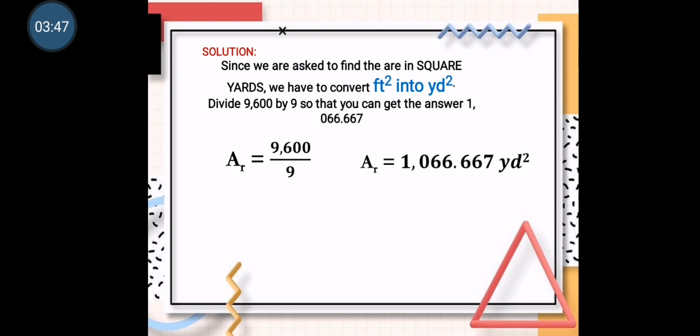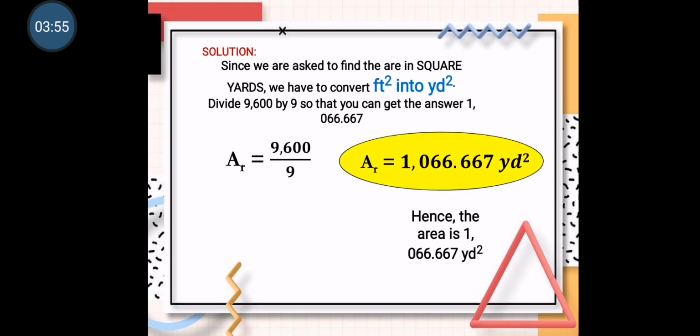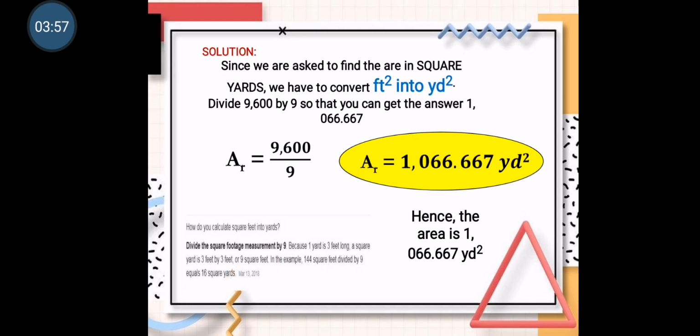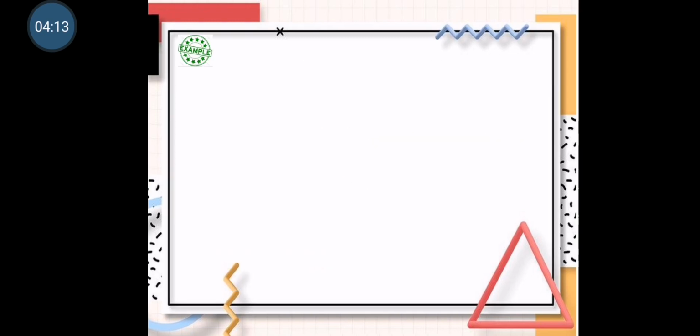So, it will be 1,066.667 square yards. Ayan. So, yun po yung conversion ng yards in feet. So, in 1 yard, there is 3 feet or 36 inches. Since square, didodoblehin lang natin yung 3 feet. Kaya naging 9. 3 times 3 is 9.